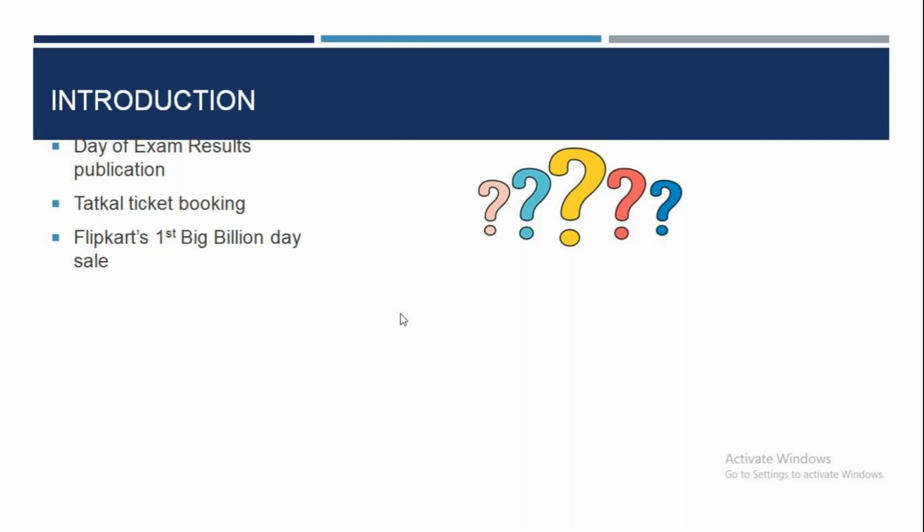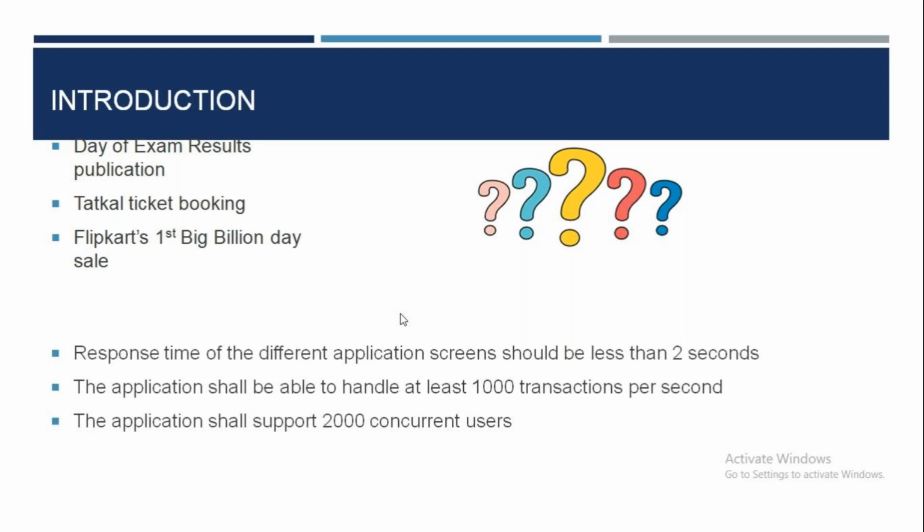I told this because most of the people are familiar with this, right? That is why application performance is very important. Now, when I say application performance, how do we measure that performance, guys? Application performance is measured in terms of the NFRs.